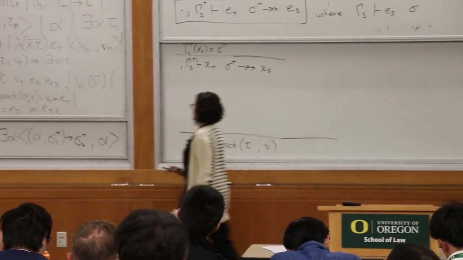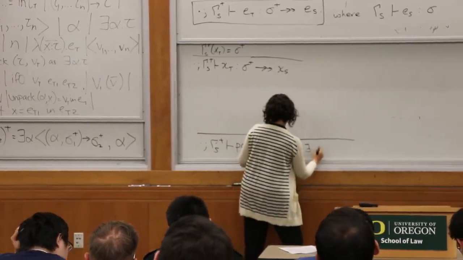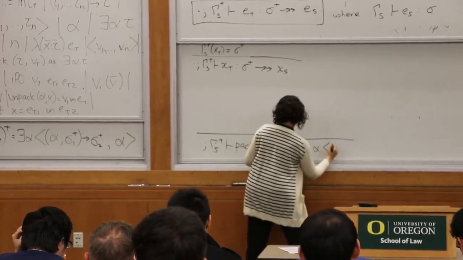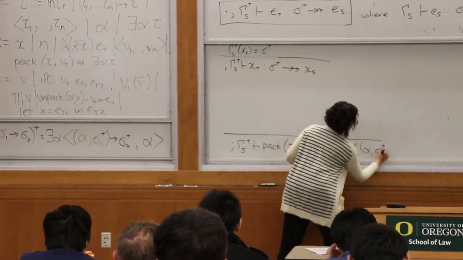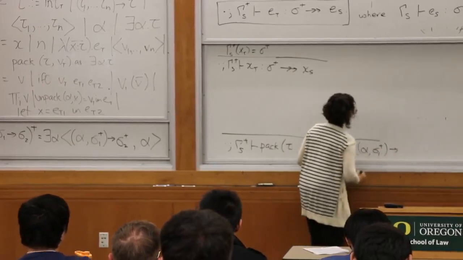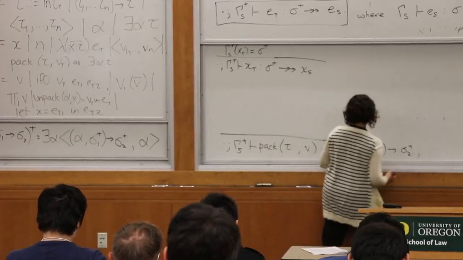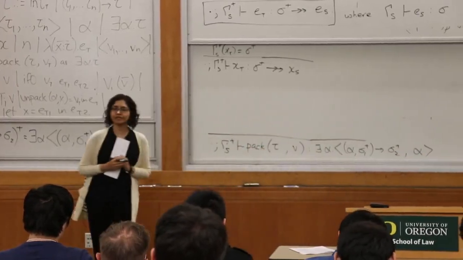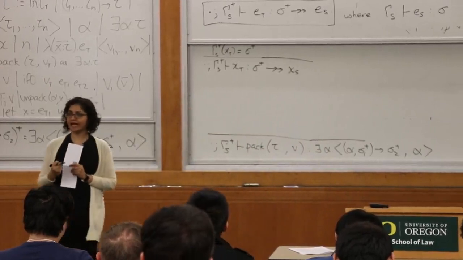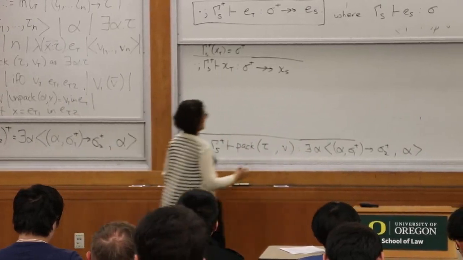It has to be something like this, right? For some sigma 1 plus and some sigma 2 plus paired with alpha. Okay, so I'm back translating a pack with a very particular type.